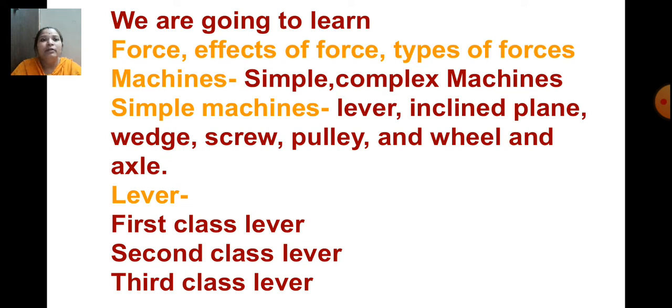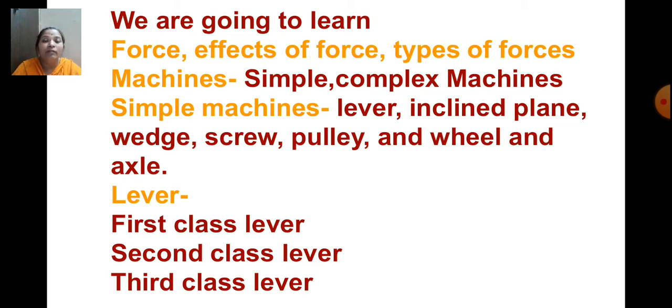Now children, there are 6 kinds of simple machines: lever, inclined plane, wedge, screw, pulley, and wheel and axle. You have studied about simple machines in standard 4, right?